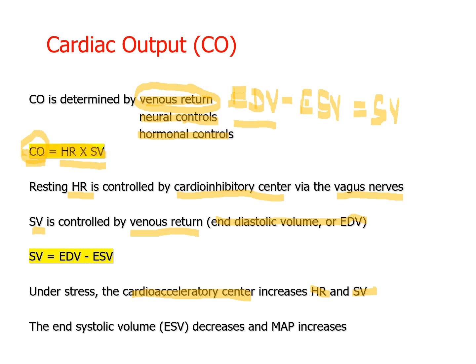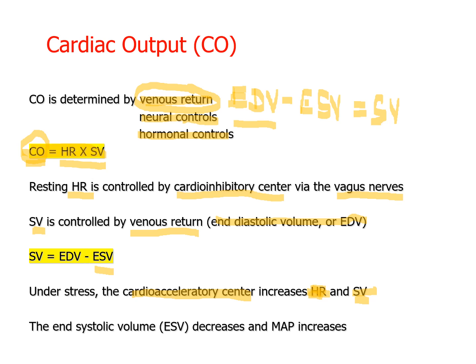If you have sympathetic stimulation, I guess it's easy for people to imagine that their heart rate goes up, but why the stroke volume goes up, they're not always clear. Well, the reason is that the end systolic volume decreases with sympathetic stimulation in the heart.